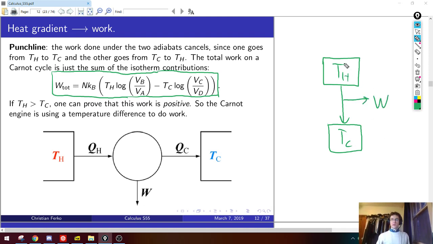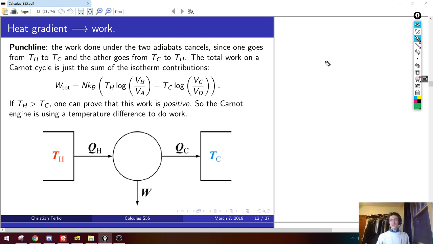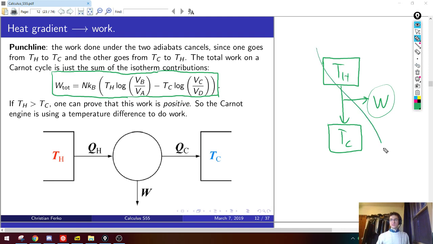You can never cool down a heat source into a colder ice source or something and extract useful coherent work. That violates the second law of thermodynamics, so this is totally impossible. You can never cool something down and use it to power your car.